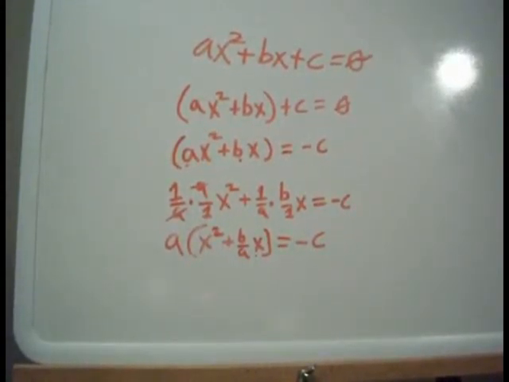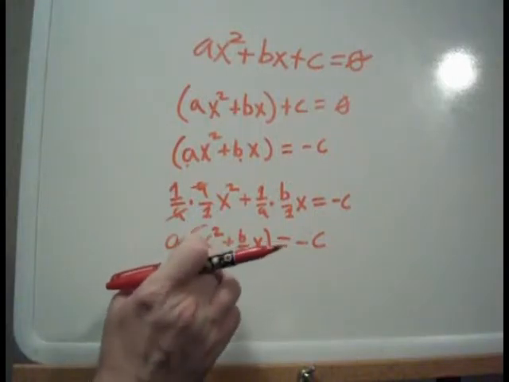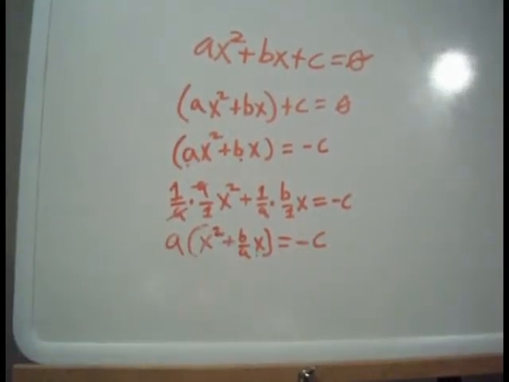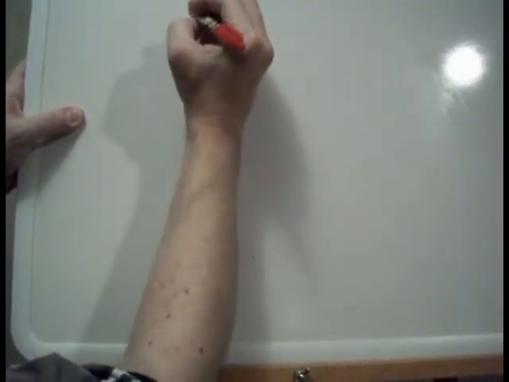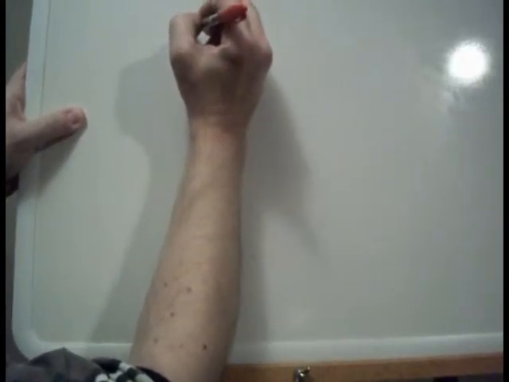So now we're at this point. The next thing we want to do is divide both sides of this equation by a. I'm going to show you how to do that. Say goodbye to all that. So, where are we now? We are here.